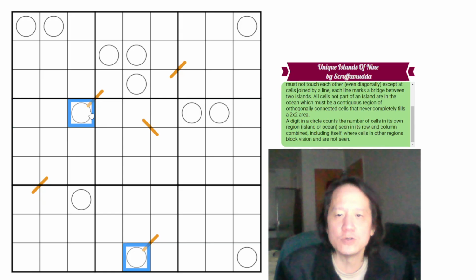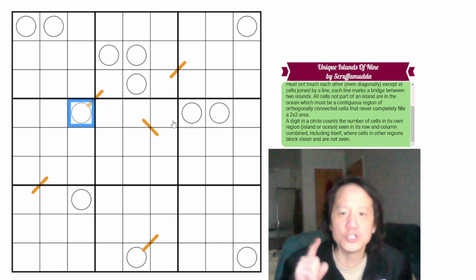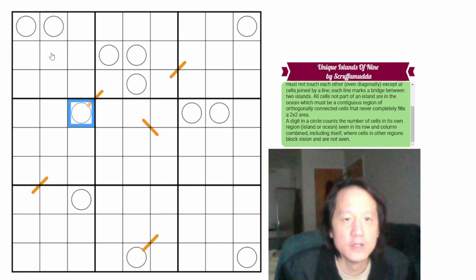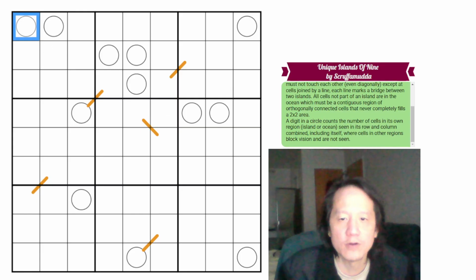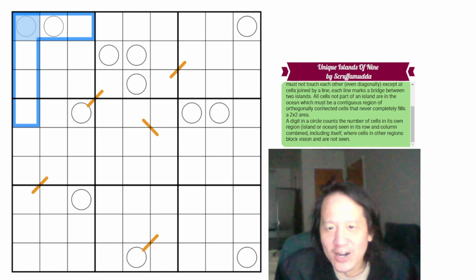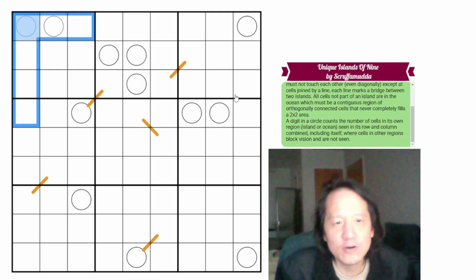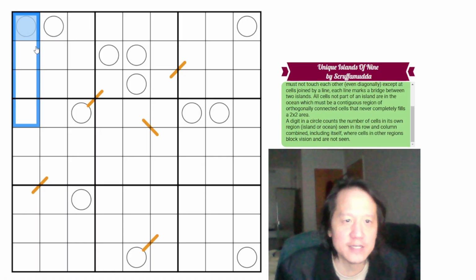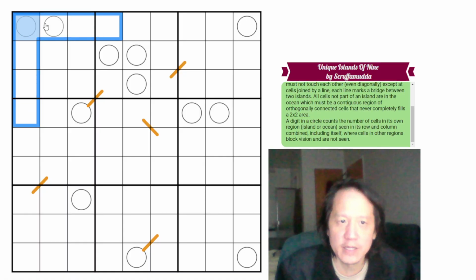So digits in circles. A digit in a circle counts the number of cells in its own region, island or ocean. So if this were island, it would count all the island cells. If this were ocean, this would count the number of ocean cells that it sees horizontally or vertically, in its row and column combined, including itself.